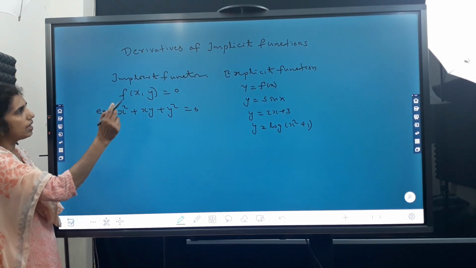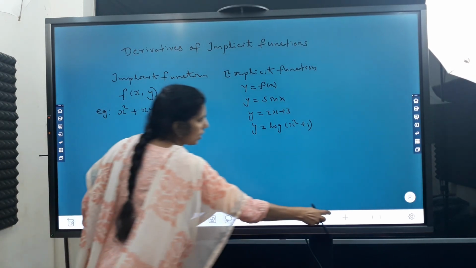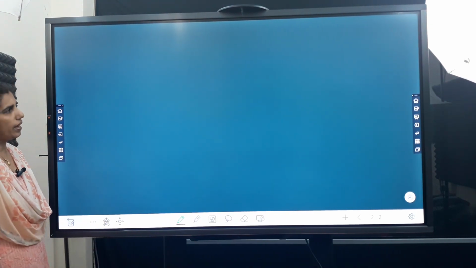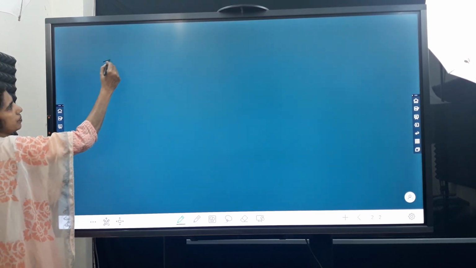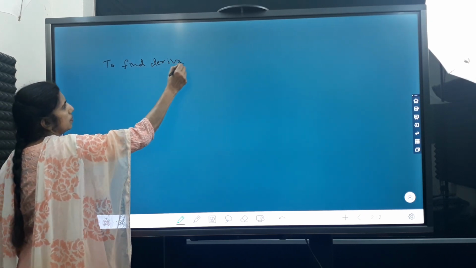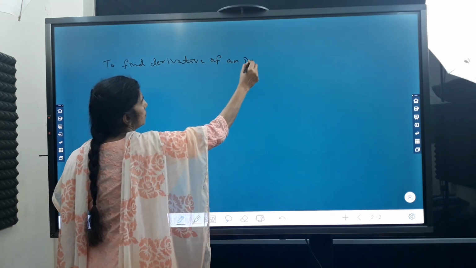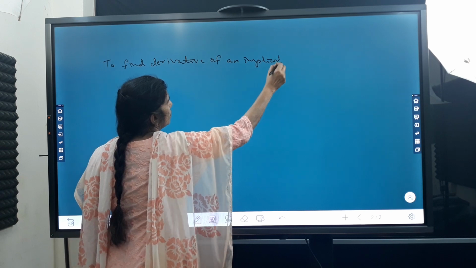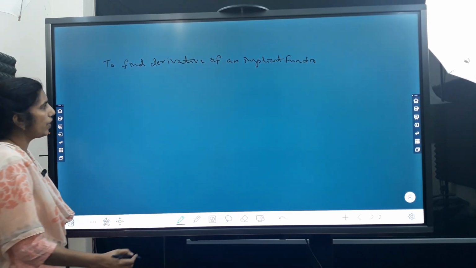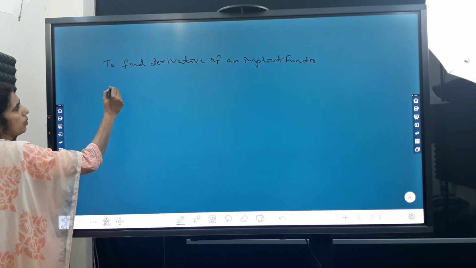Now today we are going to see how we will find the derivative of an implicit function. So to find the derivative of an implicit function, we differentiate both sides of the equation with respect to x.